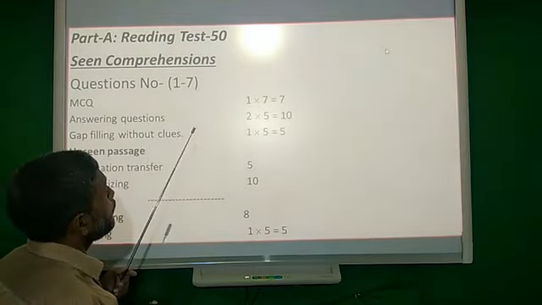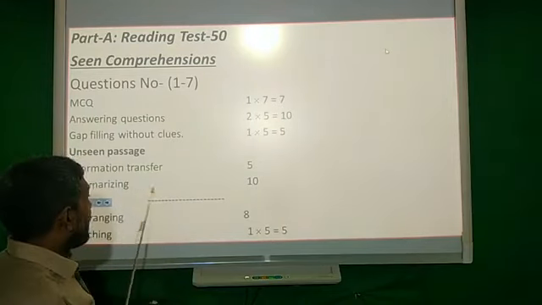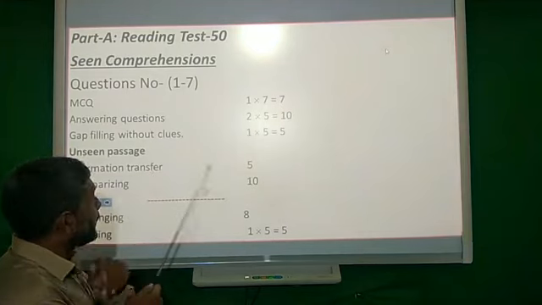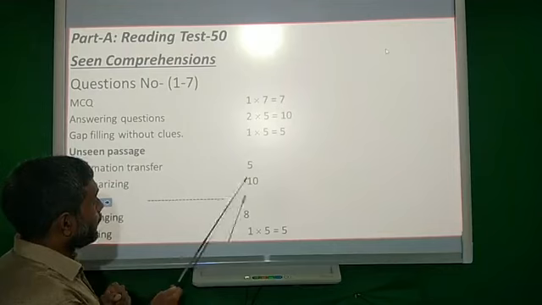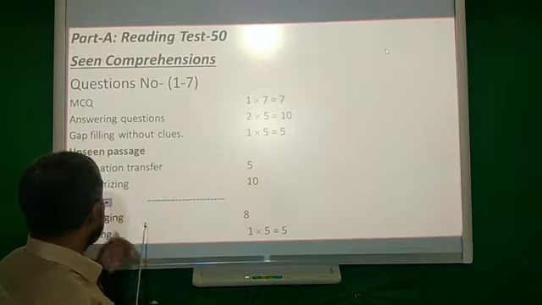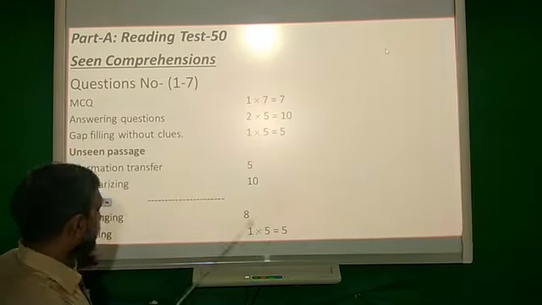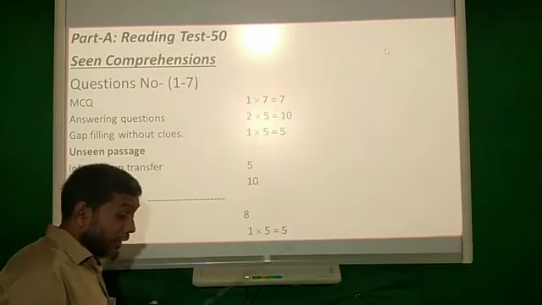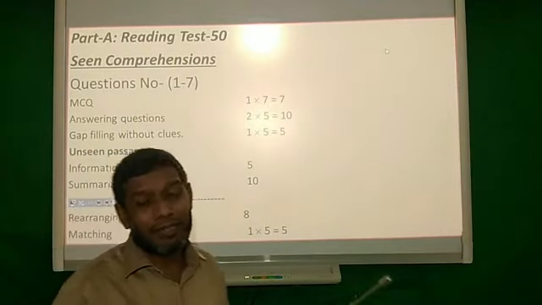Gap filling without clues will be 5. And then unseen passages, in which you have to answer 2 questions. Number 1, information transfer, will carry 5 marks, and you have to write a summary, which will carry 10 marks. Then in question number 6 you have matching questions, 5 marks, and in 7 you have rearranging, which will carry 8 marks. Totally, in the reading part we have 50 marks.